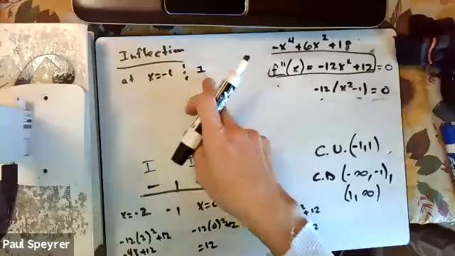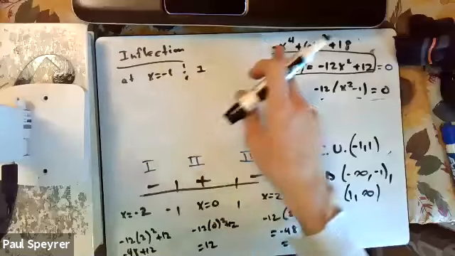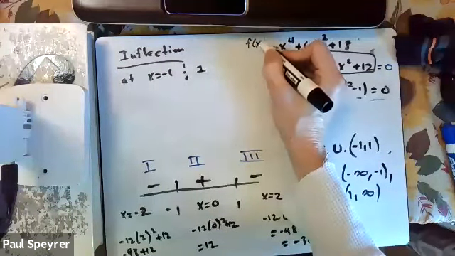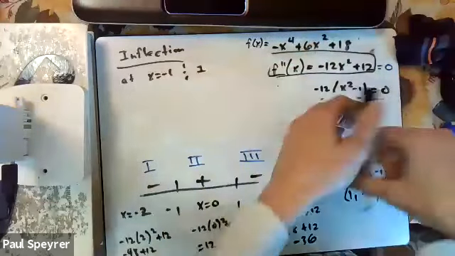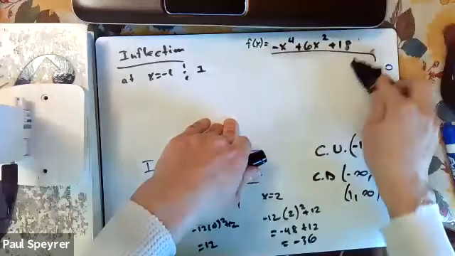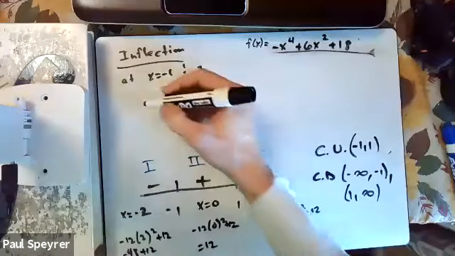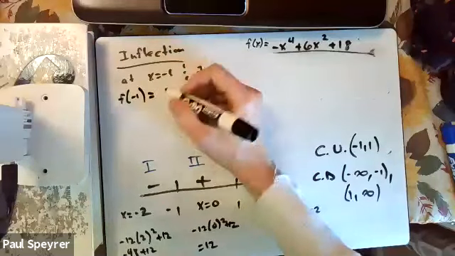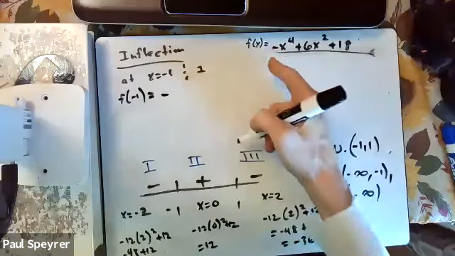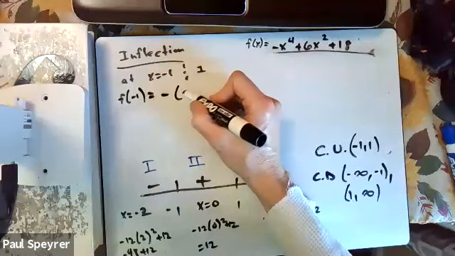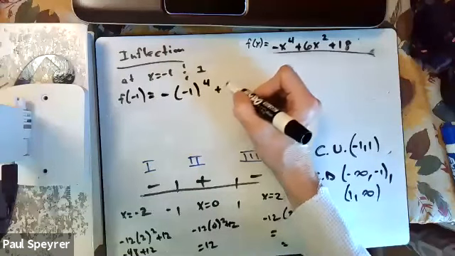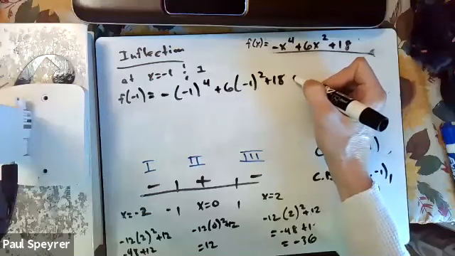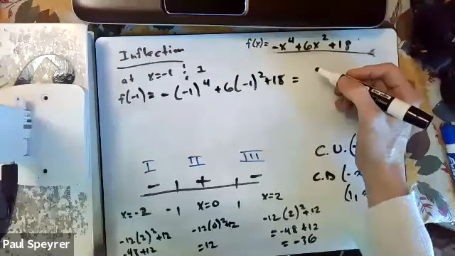So we need to take these values and plug them back into the original function, which was this right here. So f of negative 1 equals, again, watch the sign, right? You got that negative on the outside, negative 1 to the 4th, plus 6 times negative 1 squared, plus 18. What's that give you? 23.